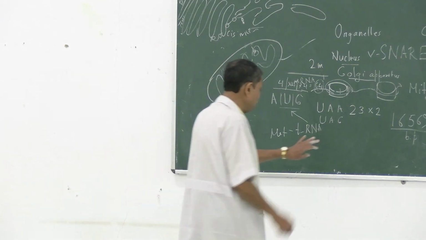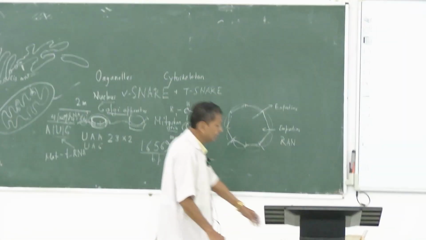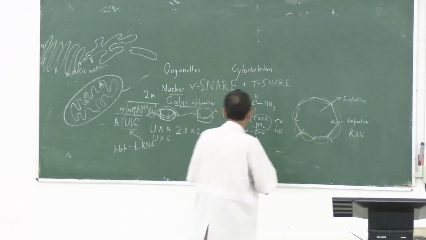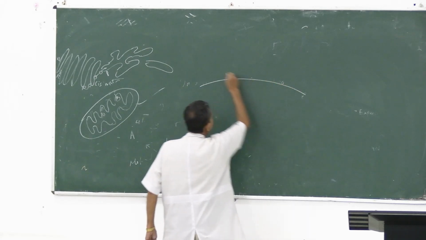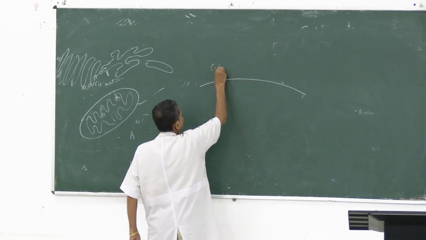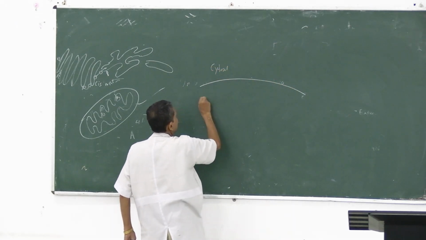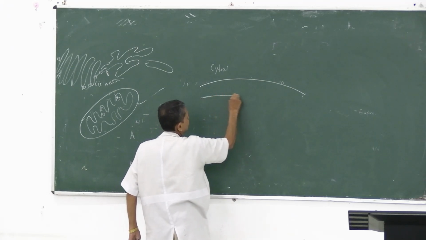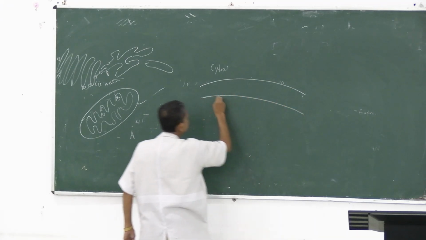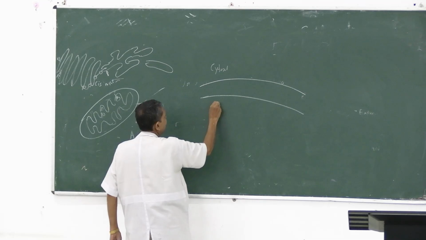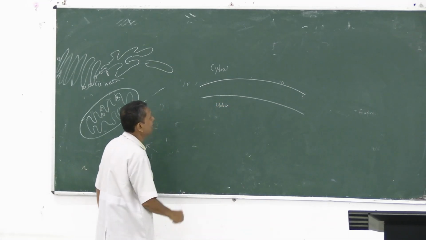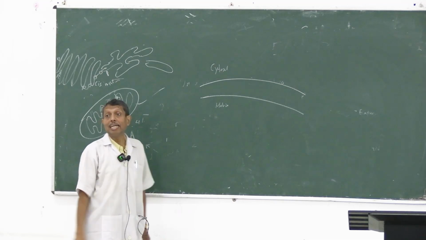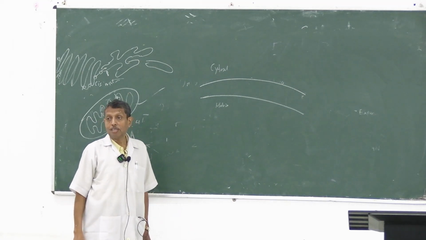Now, what is the general pattern that I can remember in this way? Suppose it is the mitochondrial outer membrane. So here there is the cytosol, the mitochondrial inner membrane, and the matrix space, and there are enzyme complexes 1, 2, 3, 4, 5.